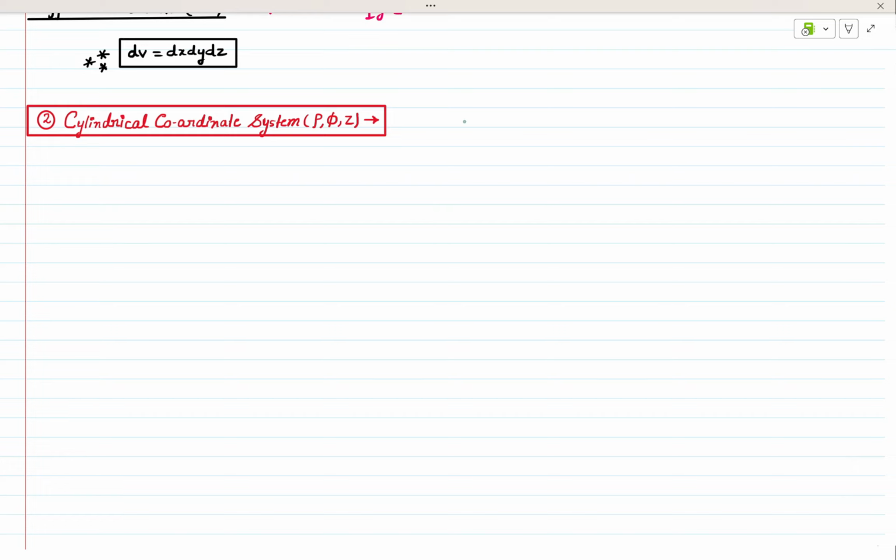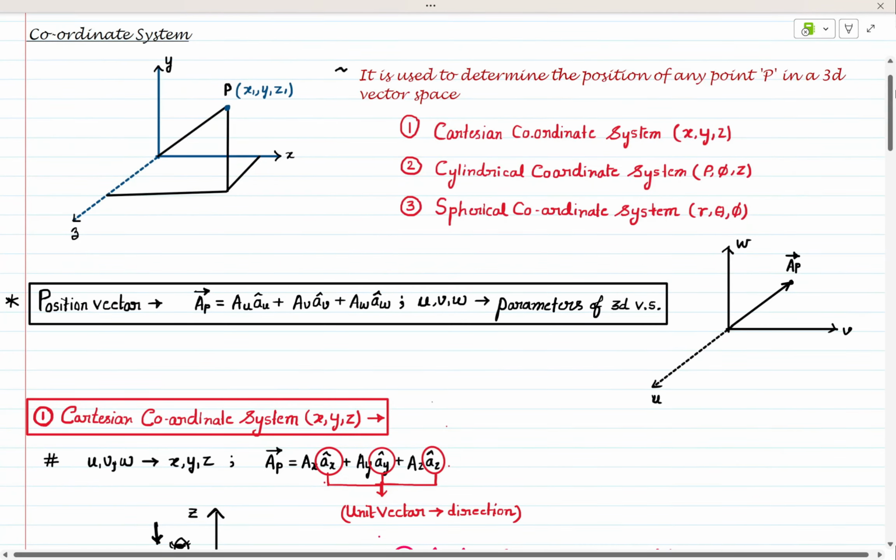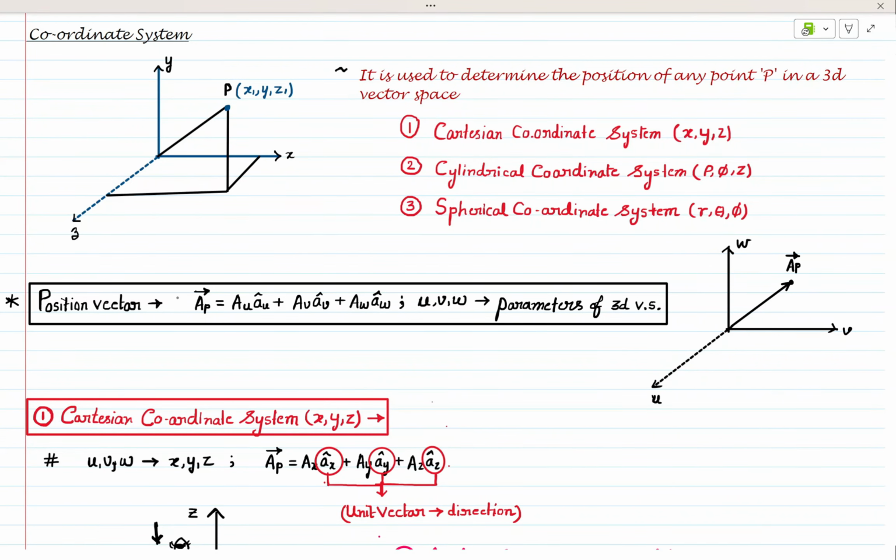Now coming back to the point, the cylindrical coordinate system is also called the rho phi z coordinate system. At the beginning of the coordinate system I showed you the position vector, which is nothing but a generalized position vector whose parameters are u, v and w.